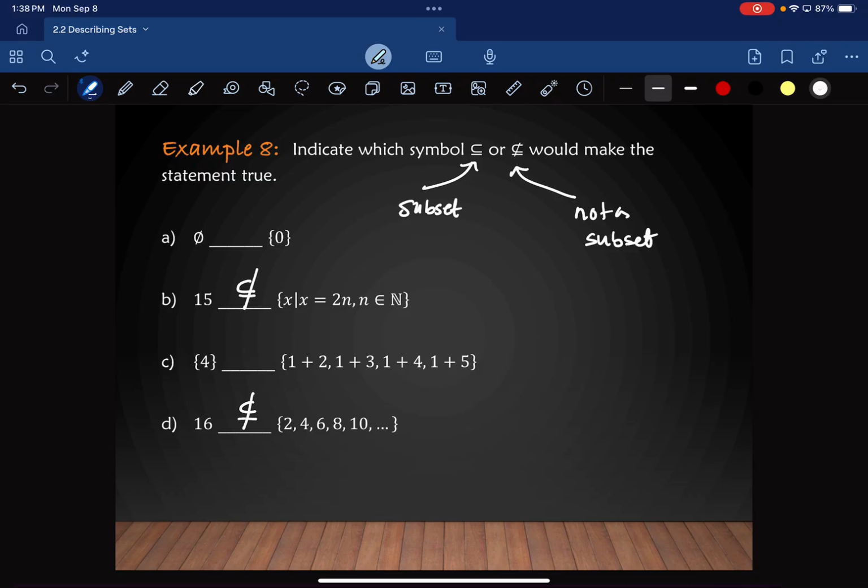So is everything that's in the empty set, which is nothing, also in the set on the right? It is, because there's nothing that we have to consider to be included, which means everything by sort of default gets to be included. So I'd encourage you to write yourself a little note that says an empty set is always a subset of the other set.